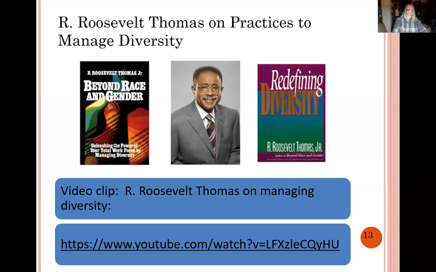Or your diverse employees get put on special projects only. So they are getting career and professional development like everyone else, but it's not quite the same. They're getting special projects and they're not widely interacting with the general projects that other general employees would get within an organization. And this happens a lot more than people would think.